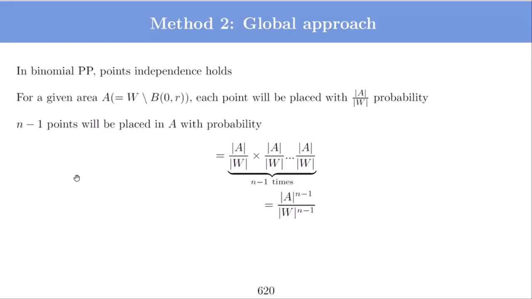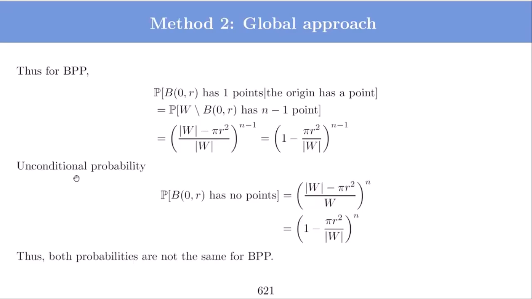In particular, A is W minus B(0, r), so the volume of A is the volume of W minus the volume of B(0, r), which is pi r squared. So A by W is 1 minus pi r squared by area of W, and then you raise it to the power n minus 1.